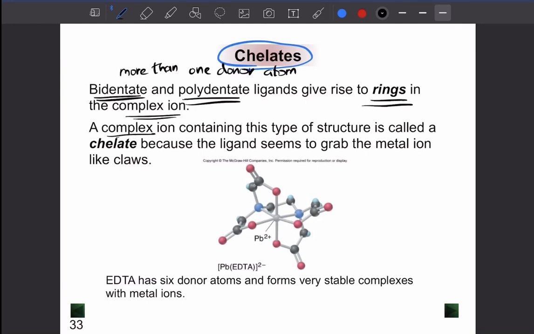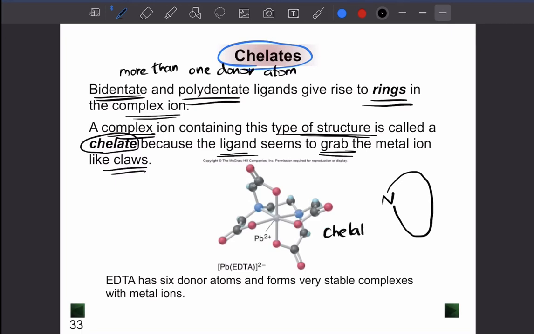So a complex ion containing this type of structure is called a chelate. Because the ligand seems to grab the metal ion like claws, you basically have a claw structure bonding to the metal ion. So these types of elements are generally called chelates. I'm sorry, we did not discuss polydentate.